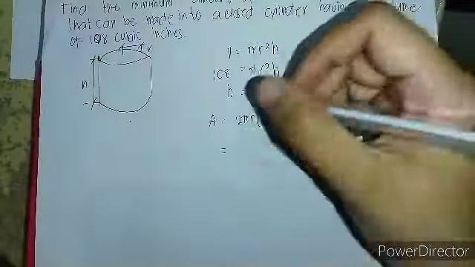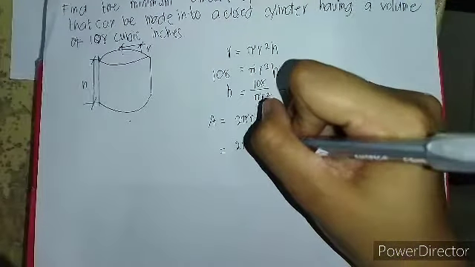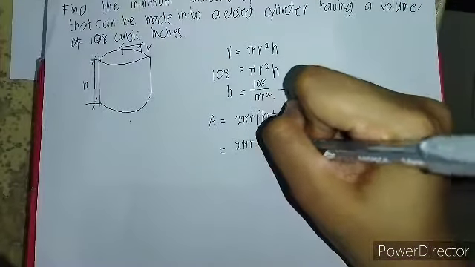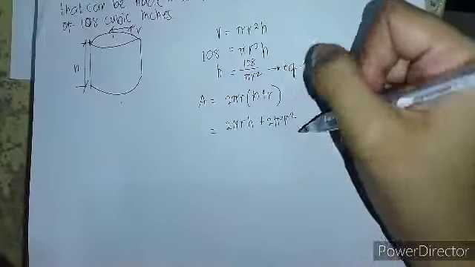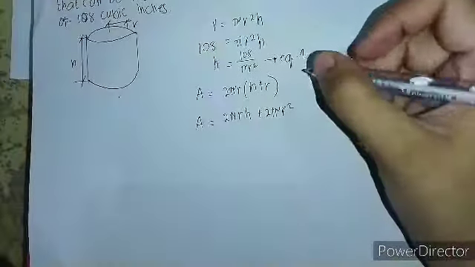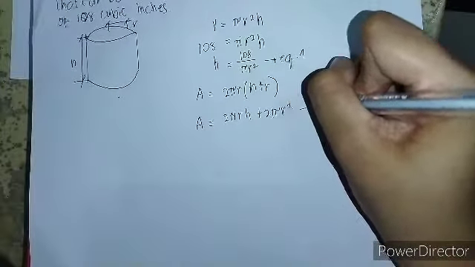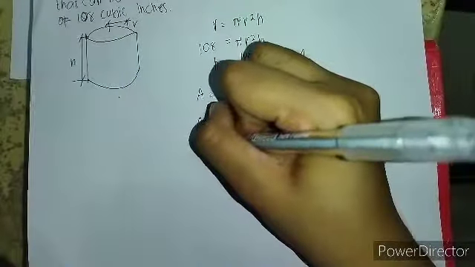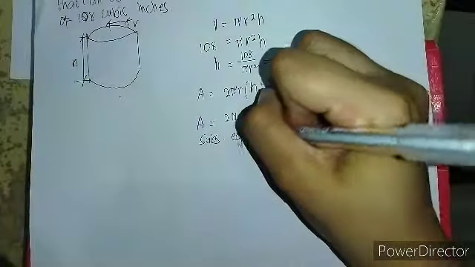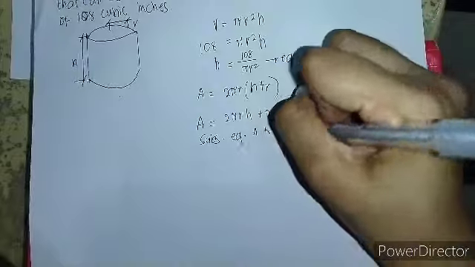By distributing, we have 2 pi r h plus 2 pi r squared. That would be equation number 2. So we have to substitute equation 1 into equation 2.